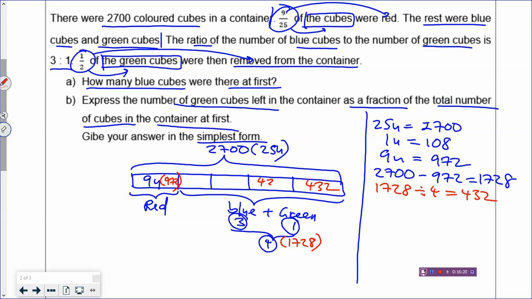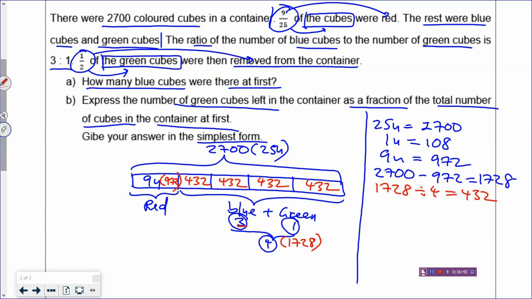So actually what I'm doing is I'm drawing and also solving at the same time. Okay, so that can be done. Alright, you draw and solve at the same time. Right, and then it becomes clearer and clearer as well. Alright, so now can you find how many blue? So the blue has 3 boxes. So isn't that 432 times 3?